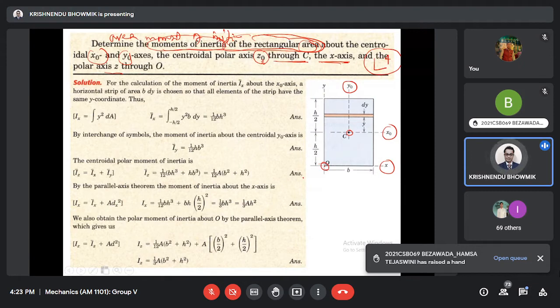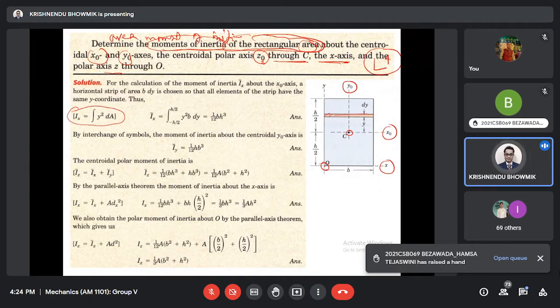Try to understand. First of all, we will calculate Ix bar, Iy bar, then Iz bar, all three at the centroid. Then we will calculate Ix at the base, then Iz with respect to O. To start with, we will use the expression Ix equals integral of y square dA.